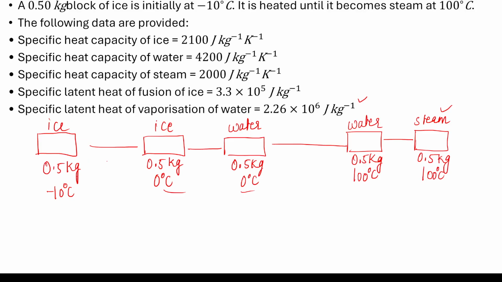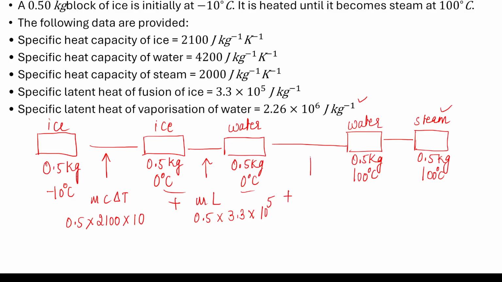Now heat. Here, because the temperature is changing, I have to use mc delta T, 0.5 times the specific heat capacity of ice, which is 2100 joules per kg per degree, times change of temperature 10. Plus heat required here is mL, which is 0.5 times, what's the latent heat of fusion of ice? 3.3 times 10 to the power 5.